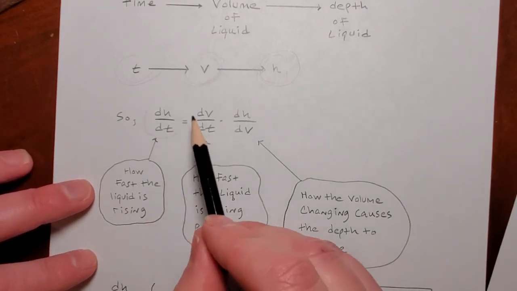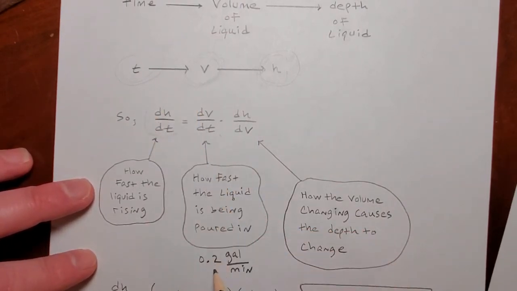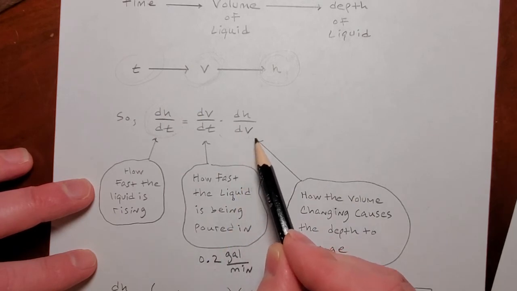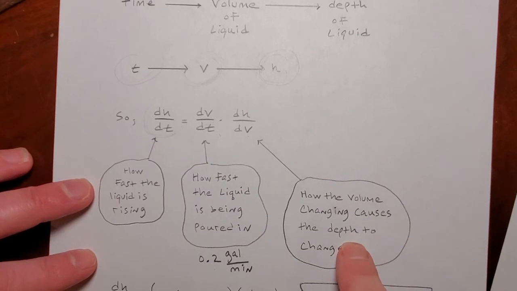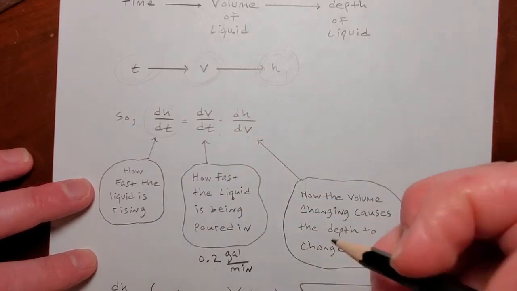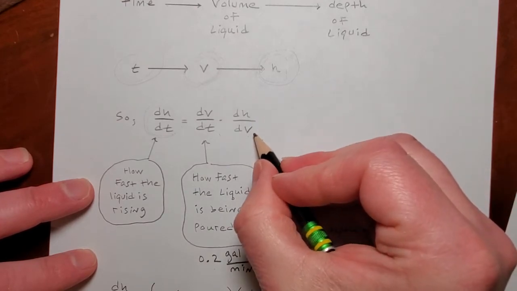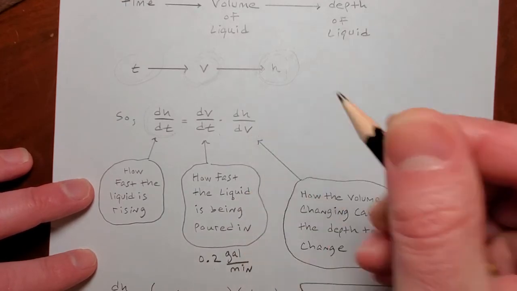Okay. So we want this one. This one was given, and that one we can figure out. So how are we going to find dh over dV? We need the depth to be a function of the volume.